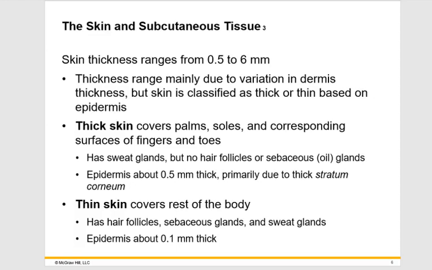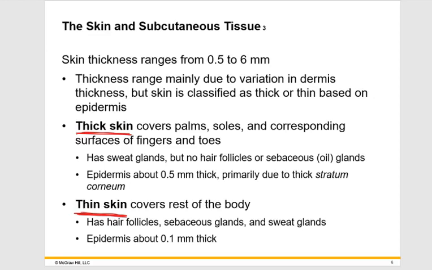Continuing our discussion of the structure of the skin, there are actually two different types of skin that we can describe that differ in their structure. We have thick skin and thin skin. As you would expect, thick skin is thicker. It's thicker because it has an extra layer of epidermis.